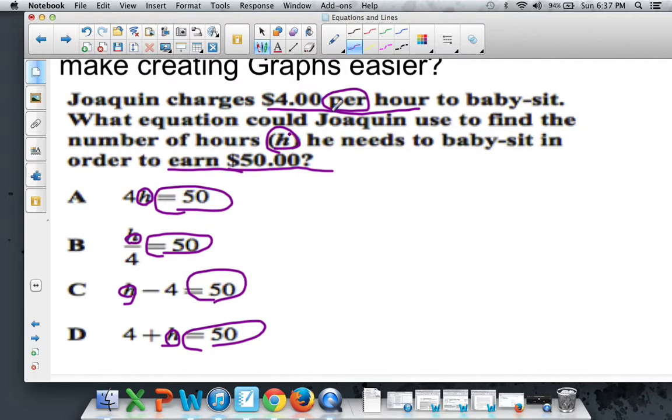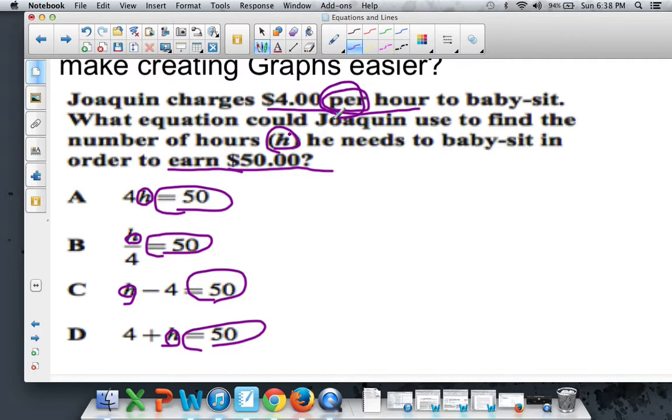Imagine you were making $4 an hour. Imagine that. And you were working for like 5 hours. Would you do 4 plus 5? 4 minus 5? I hope not minus 5 because then you're not getting any money. 4 divided by 5 or 4 times 5? Hopefully, and when you're an adult and you get a paycheck, you won't mess this up. Hopefully you're thinking about multiplication.